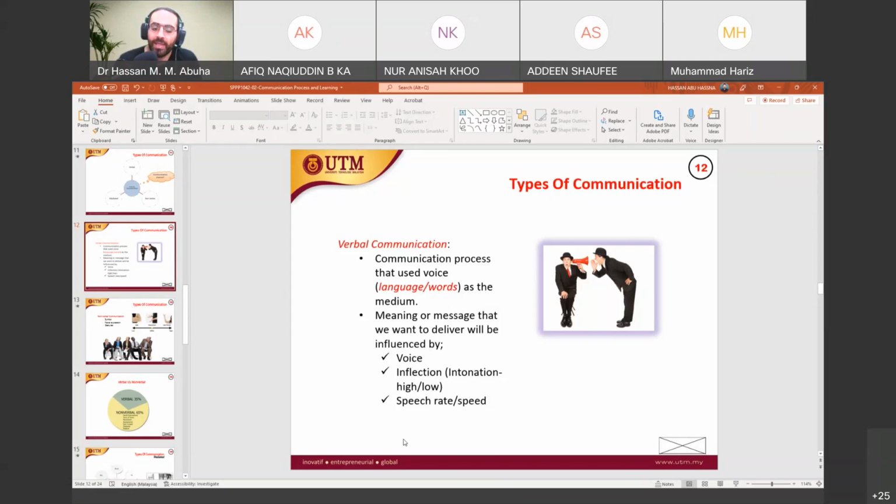And then finally, the speech rate or speed, because sometimes, especially when you study in a language that is not your mother language, you will find it difficult to listen to other people's languages. Sometimes it feels like they are running, not talking. They are very fast when they talk. So all these variables need to be considered during verbal communication.